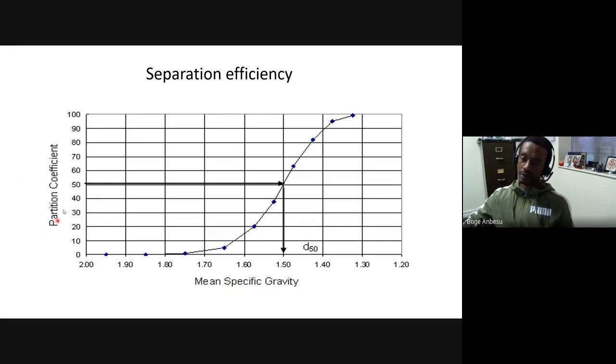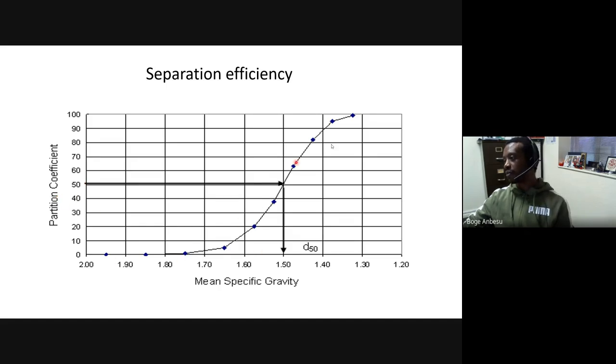And here for hydrocyclone, we, for example, had mass splitting from feed to the underflow. In this case, for specific gravity, we could have material that went to the floats compared to the feed, or material that went to the sink compared to the feed. Okay, so that's what we have here.